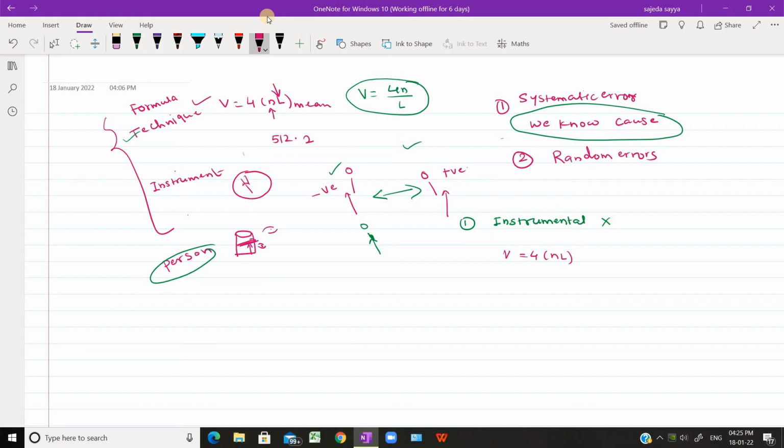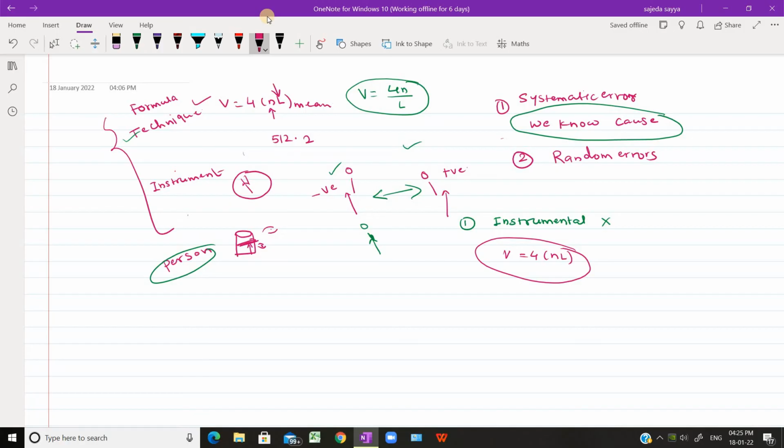You perform this experiment in winter and again in summer. Both readings definitely get affected, because temperature affects the velocity of sound, and the control of temperature is not in your hand, so it cannot be controlled.